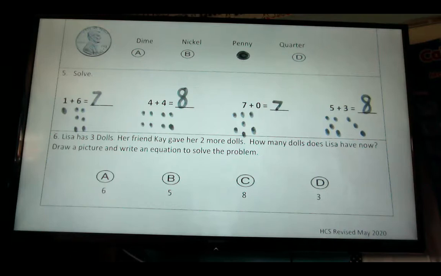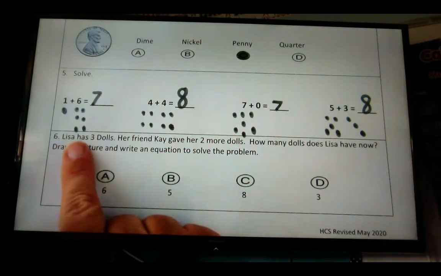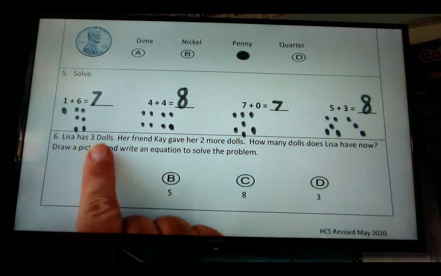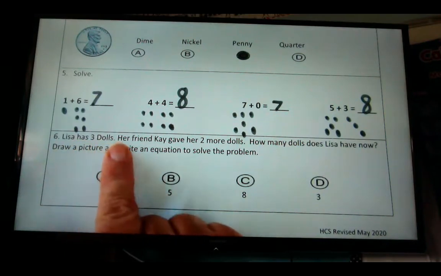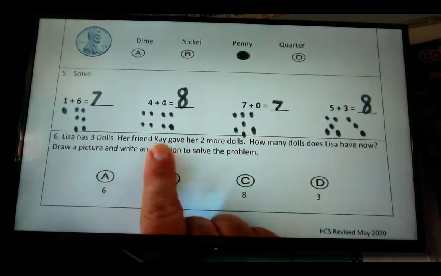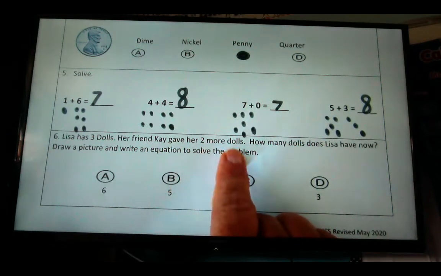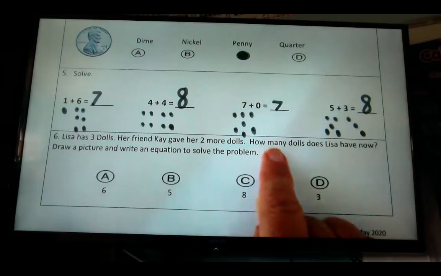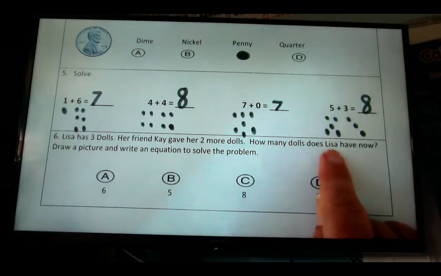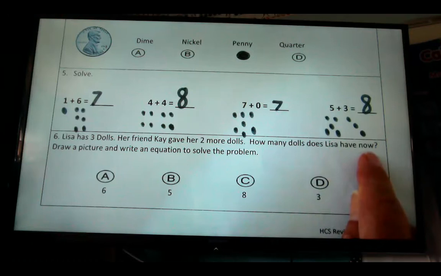All right, friends, let's read it again. You can try to read it with me. Lisa has 3 dolls. Her friend Kay gave her 2 more dolls. How many dolls does Lisa have now?